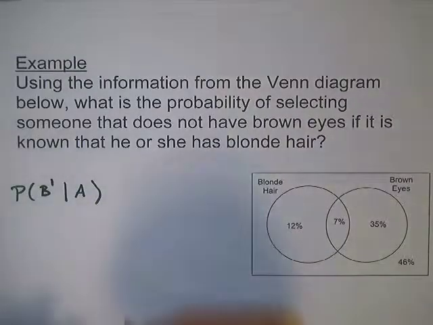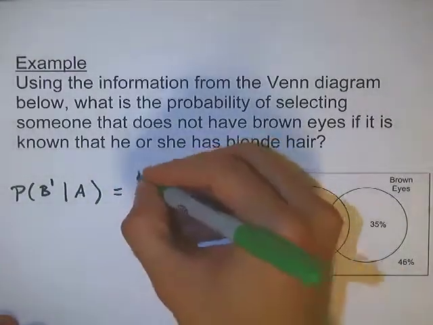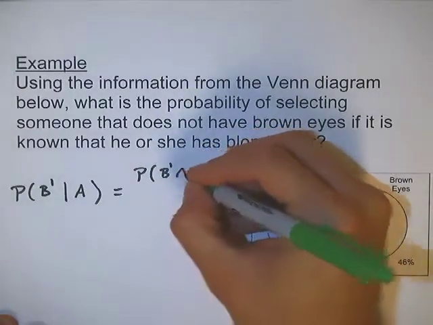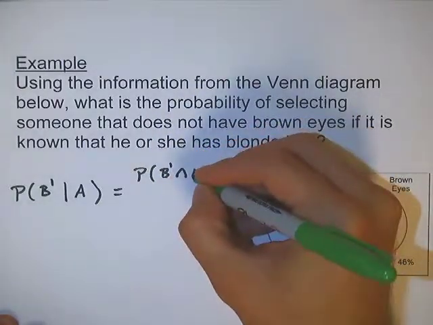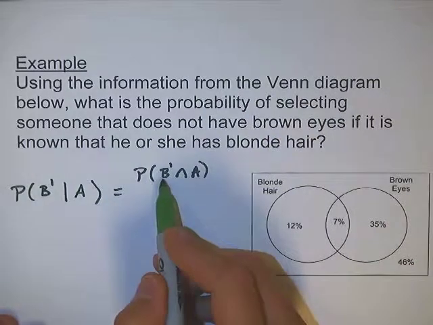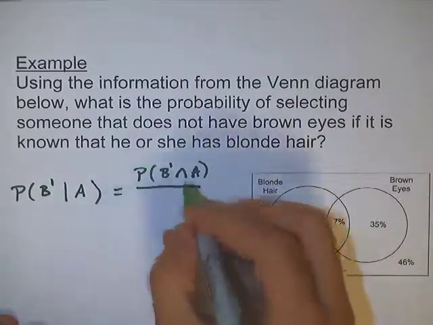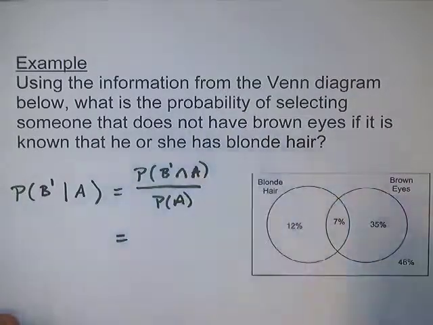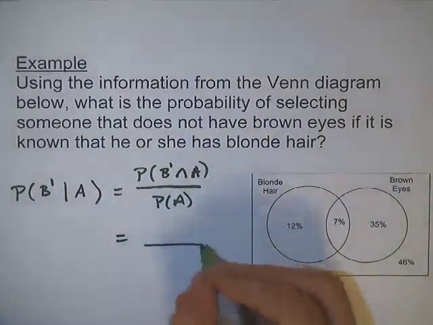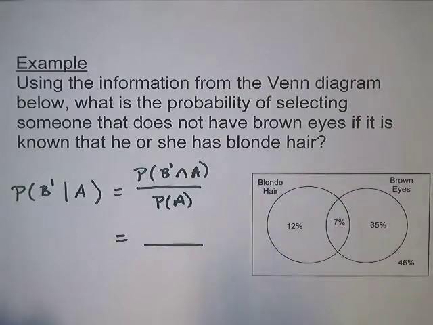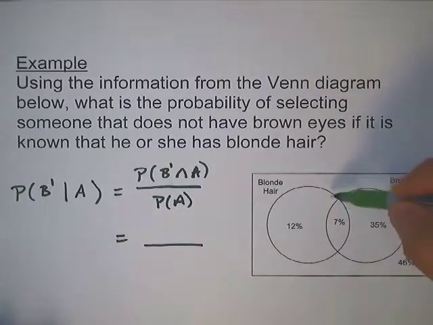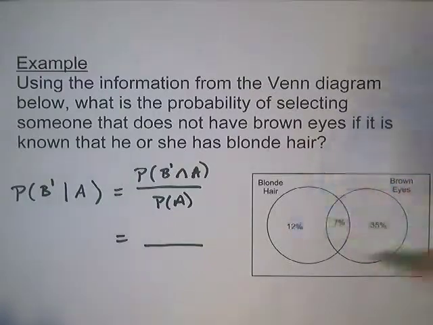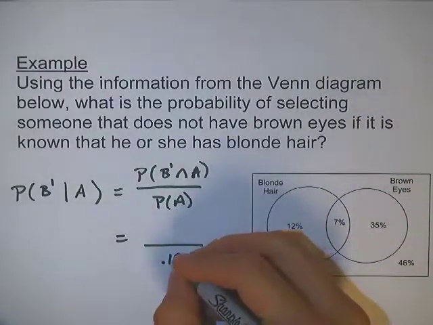So using the formula, this is going to be the probability of B prime and A, the complement of B and A, over the probability of A. Let's do the denominator first. The probability of A, the probability of someone with blonde hair, is that 19%, so these two added up: 0.19.